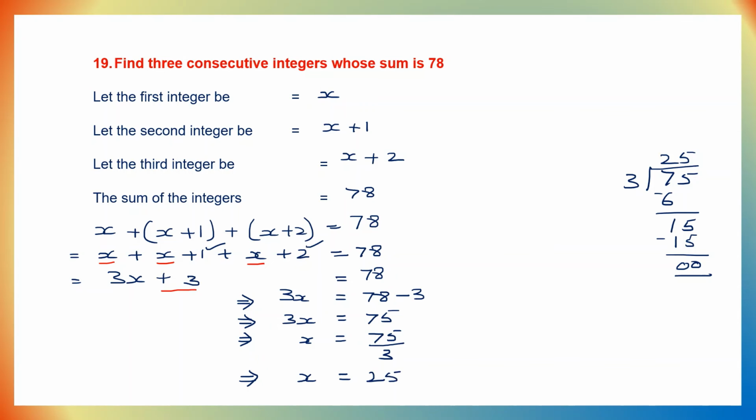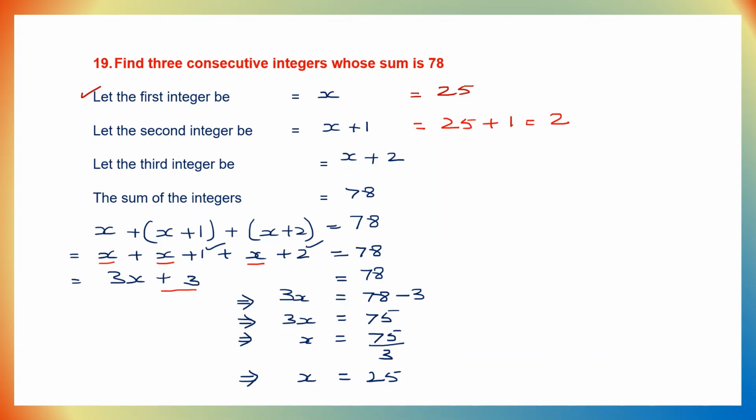So let's go to the first part. The first statement says, let the first integer be x. We found the value of x to be 25, so the first integer is 25. The second integer is x plus 1, that means 25 plus 1, which is 26.